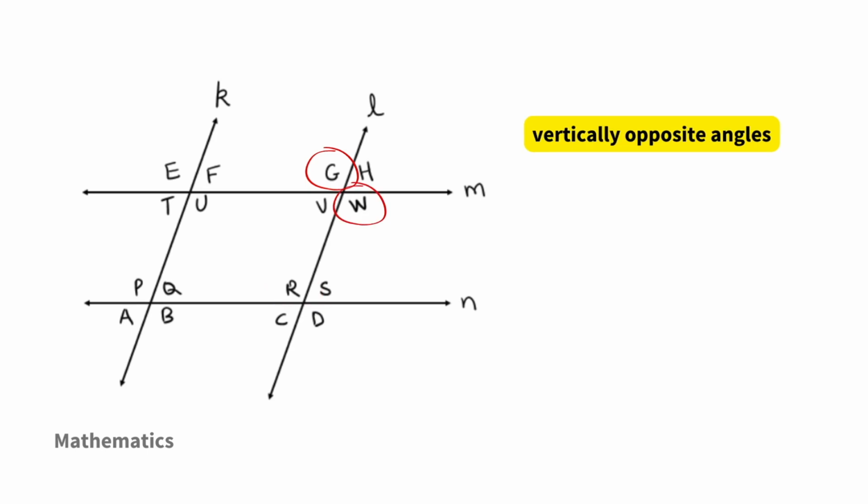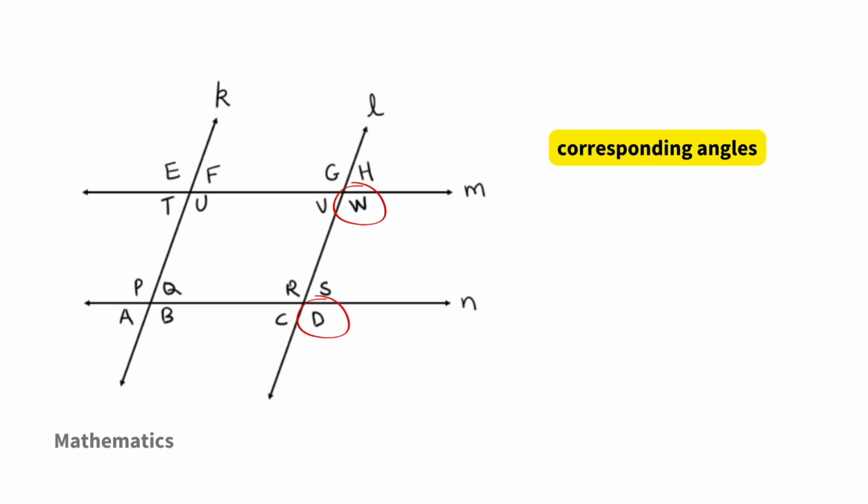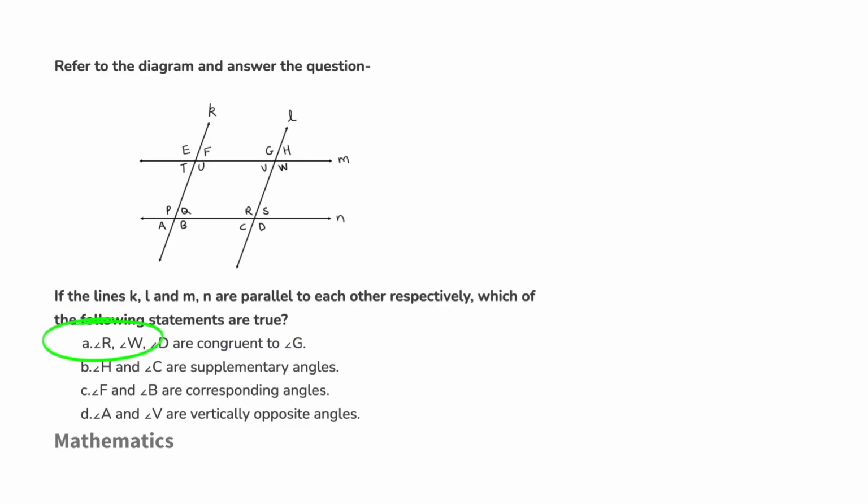I also see that angle G and angle W form a pair of vertically opposite angles. Therefore, angle G equals angle W. Moreover, angle W equals angle D as they form a corresponding pair of angles. Knowing this tells us that the correct response is letter A.